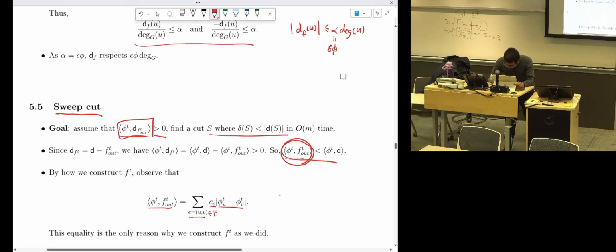Why is that the case? Well, let's say that the node U is at this level. This is the potential of U and the potential of V.